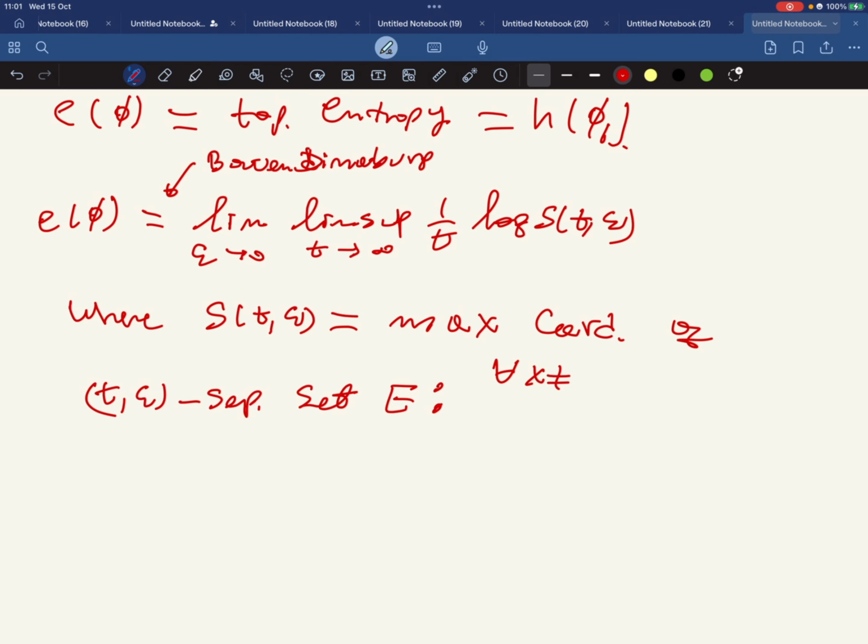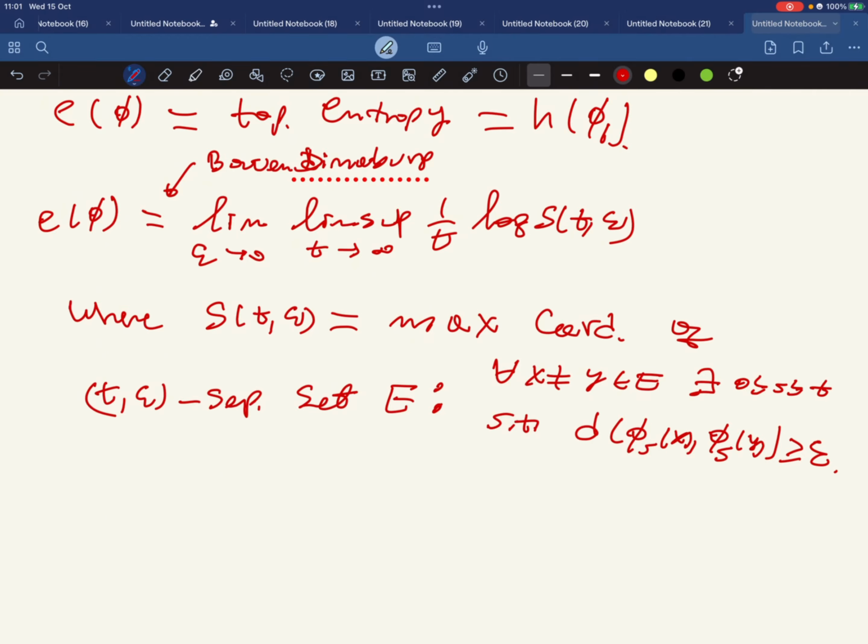For all different points in A, there is a time S such that the distance between the corresponding iterates at time S is bigger than or equal to epsilon. Okay.